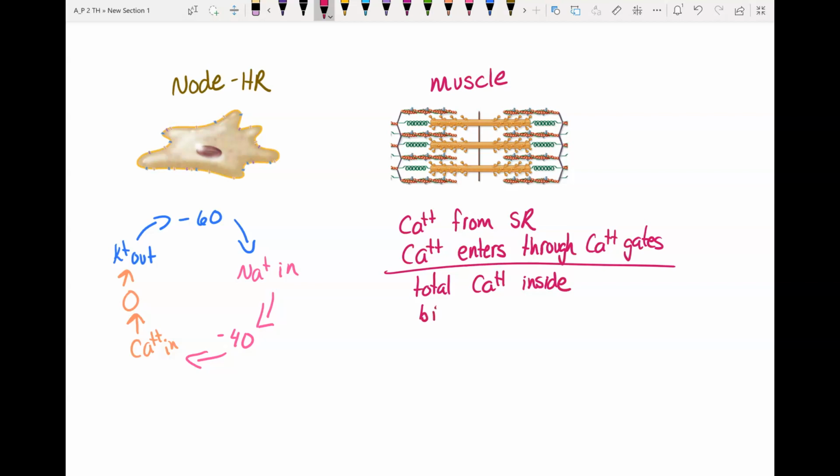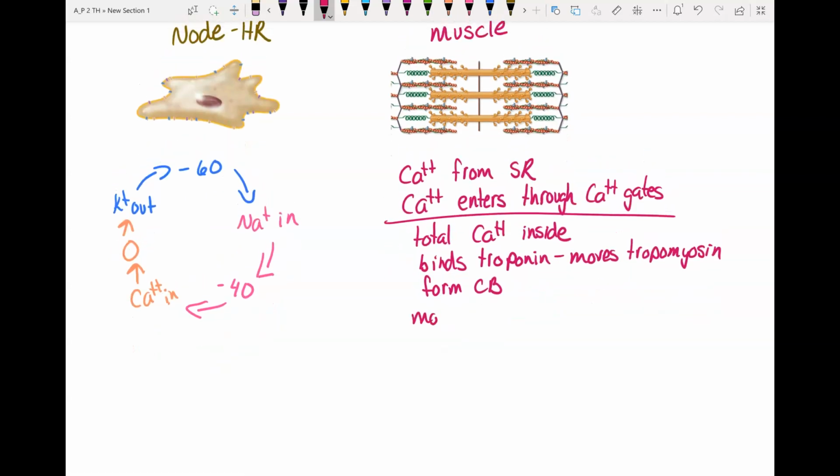This binds troponin, which then moves tropomyosin, so that you can form cross bridges. More calcium means more cross bridges.